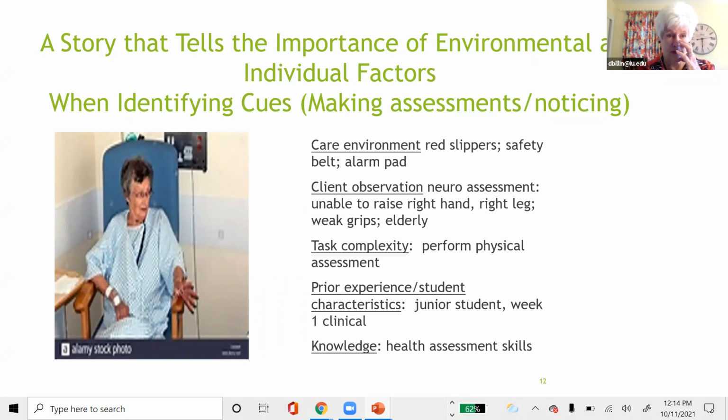A student nurse came in and asked if she could do a physical assessment on her, and my friend said yes. The student started doing the routine physical assessment. Then when she got to the neuro exam, she asked my friend to do the hand grips, and one side was weaker than the other. Then she asked her to raise her right hand and her right leg, and the patient couldn't do that.